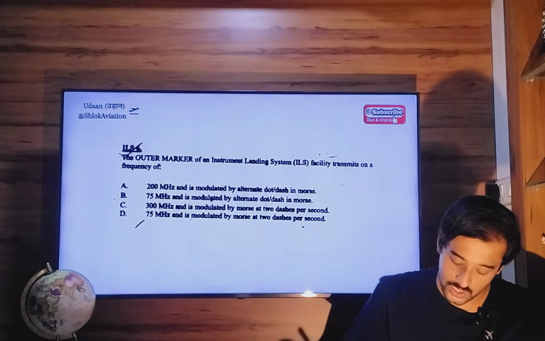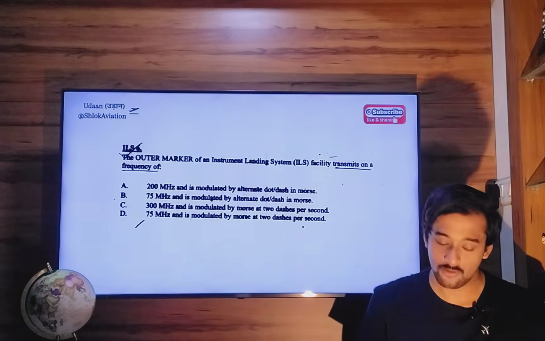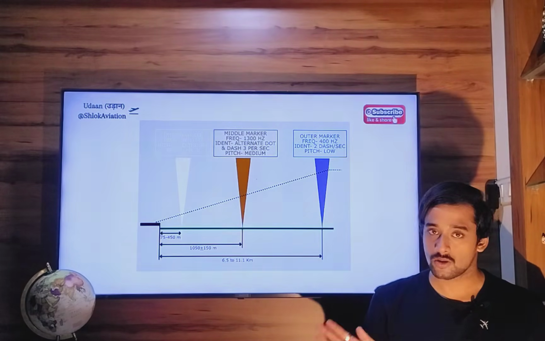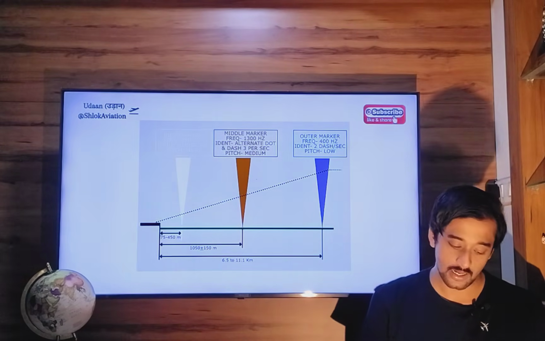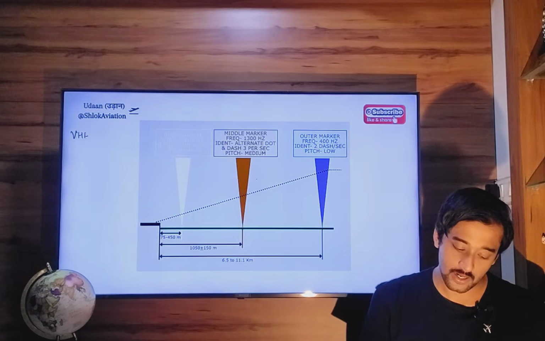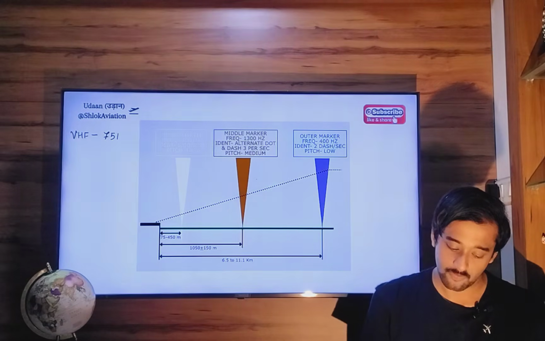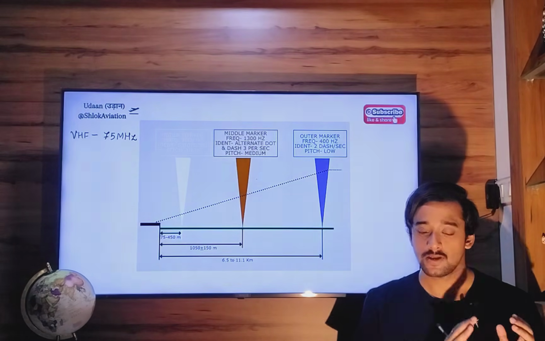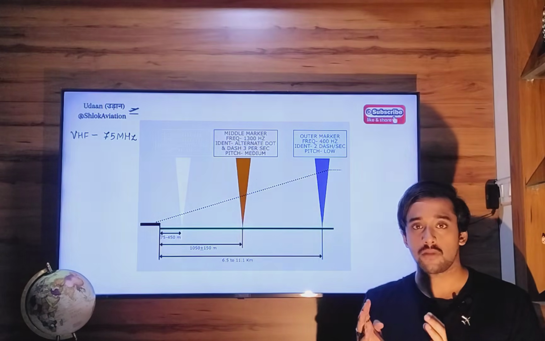It transmits on a frequency. So the transmission frequency has been asked. Like I said, all marker beacons, outer, middle, inner, transmit in the VHF band at 75 megahertz. And this carrier is further amplitude modulated with respect to every marker beacon.